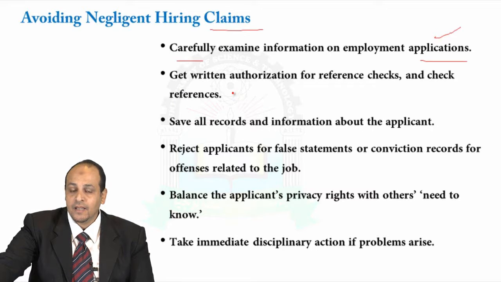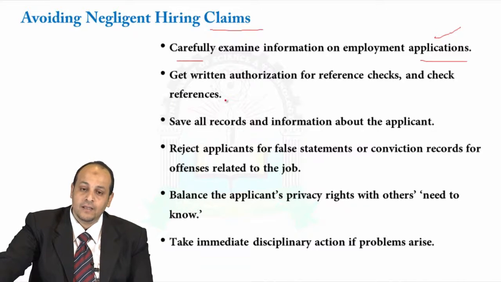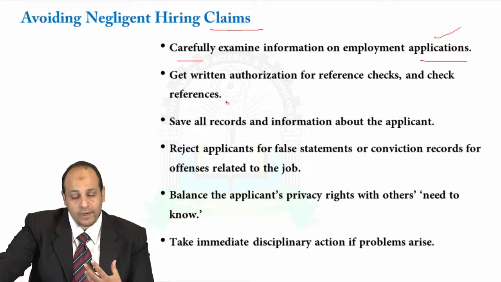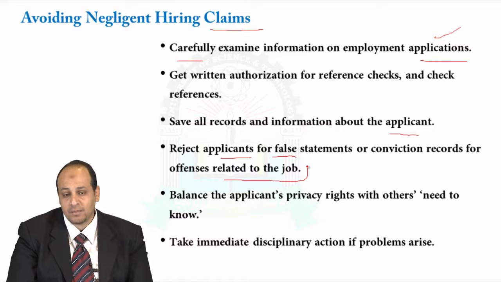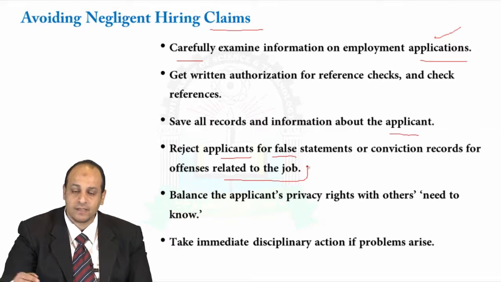This should be put ahead so that every single candidate is aware of such information. Save all records and information about the applicant. Also, it's important to reject applicants for false statements or conviction records for offenses related to the job, especially previous jobs where candidates have a violent history.